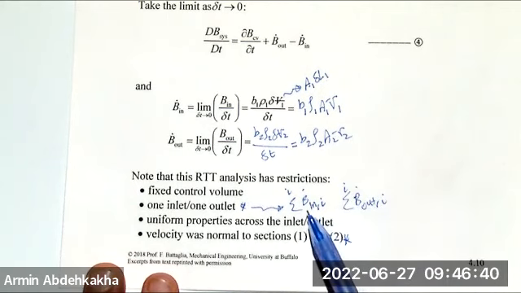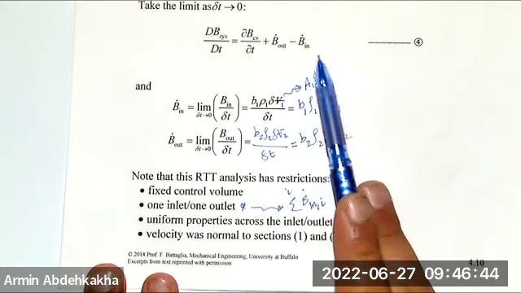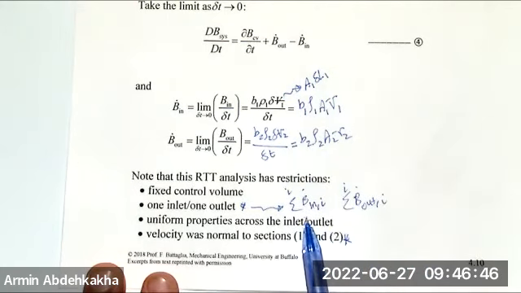You can replace this one here over the out and in with the summation, or sigma, of those, and out with the sigma of those. That's easy.